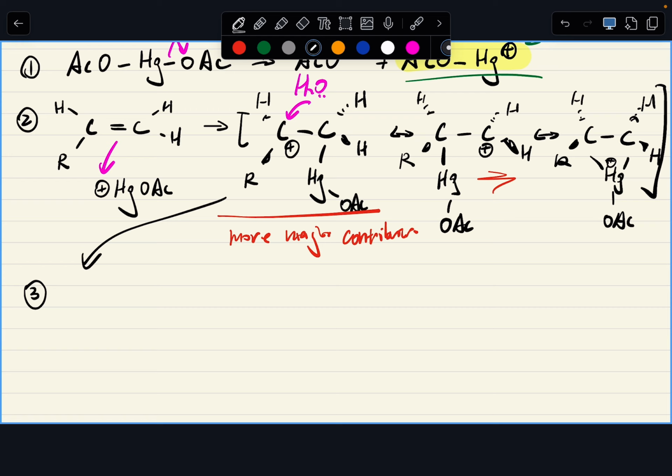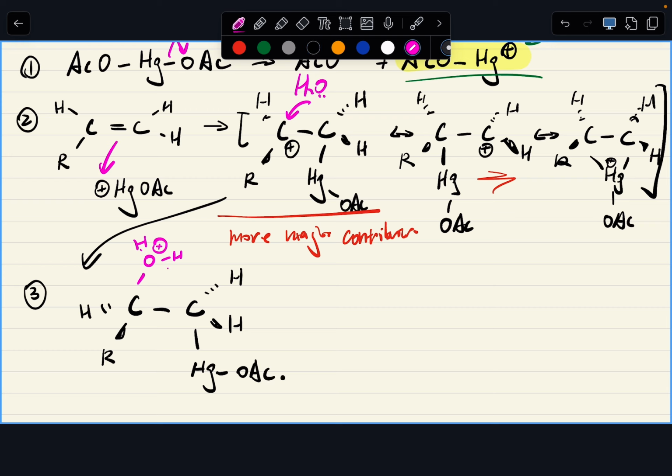And we generate my third step, which is my carbon, R group, hydrogen, and your OH2. And then on the other carbon, we have hydrogen and your mercury. Then we deprotonate this one through an acid-base reaction.